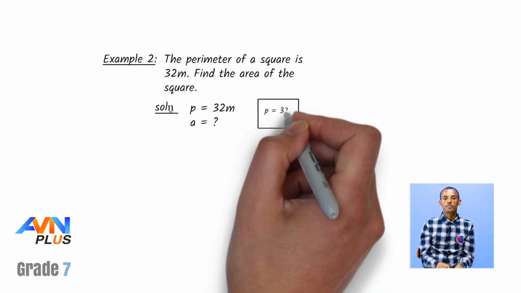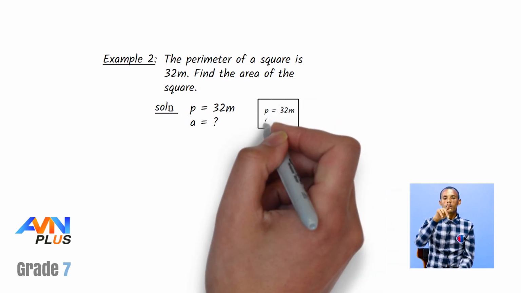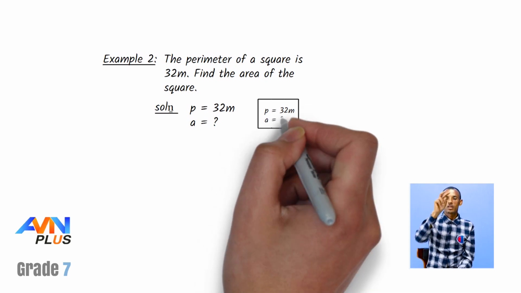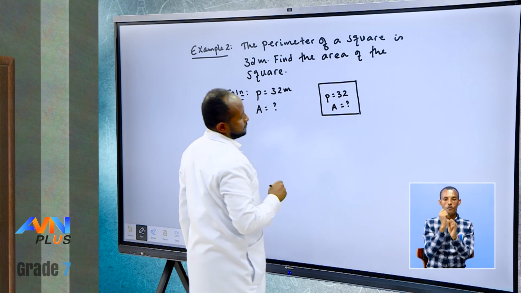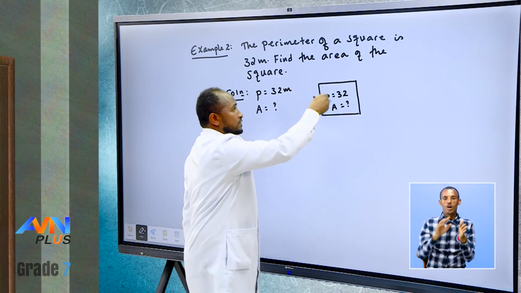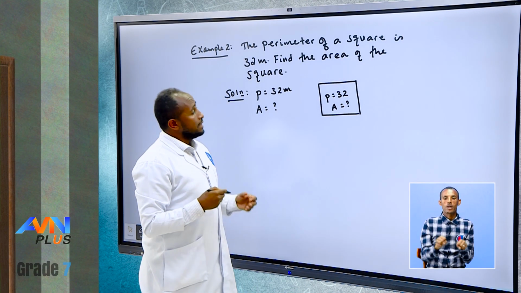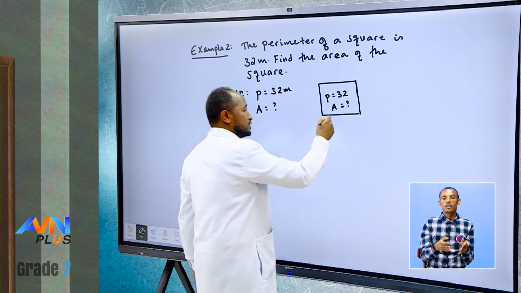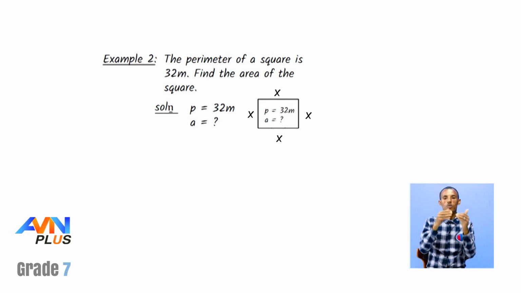Its perimeter is given to be 32. We are asked to find its area. Since all sides of a square are the same, let's assume the side of the square to be x. Each side will be x, the same.